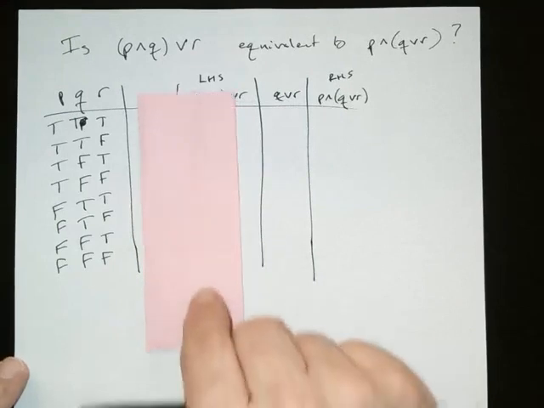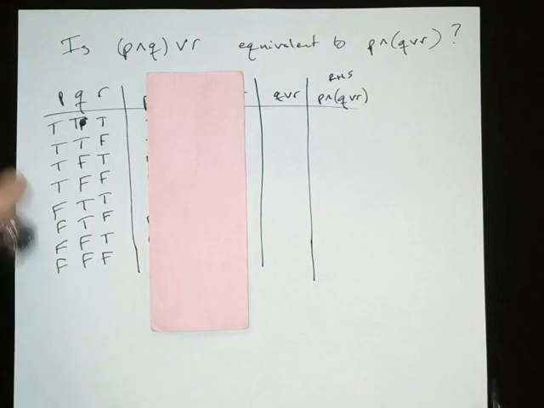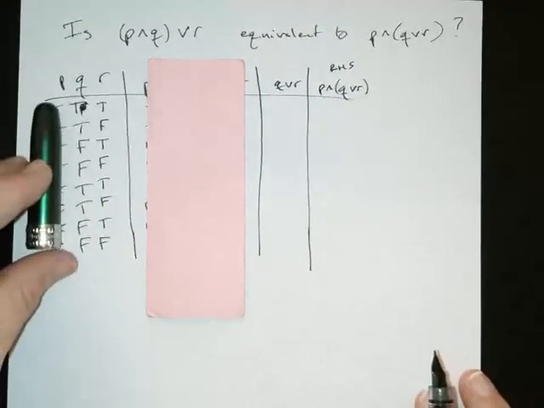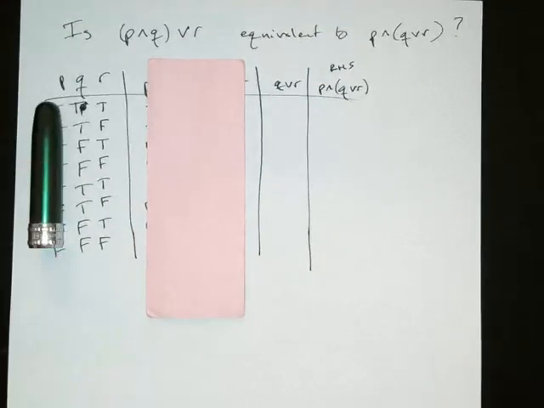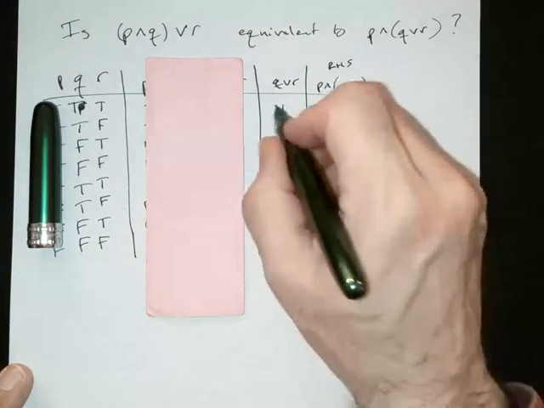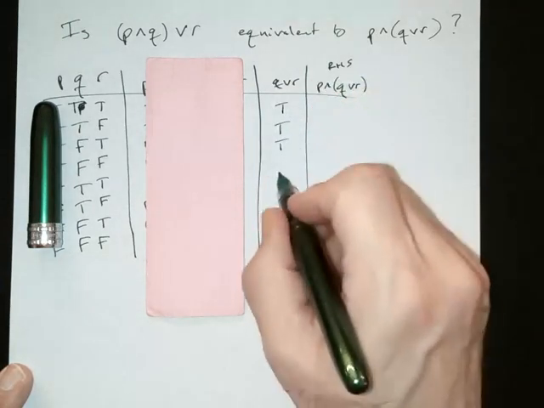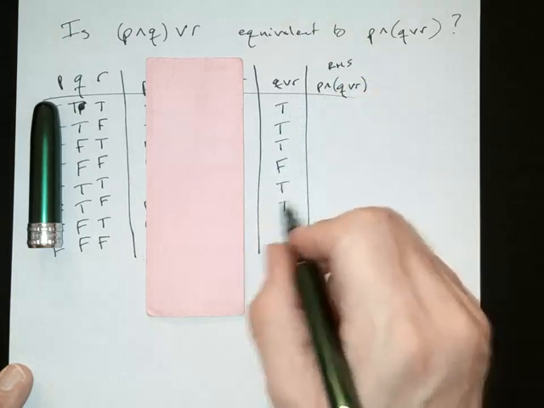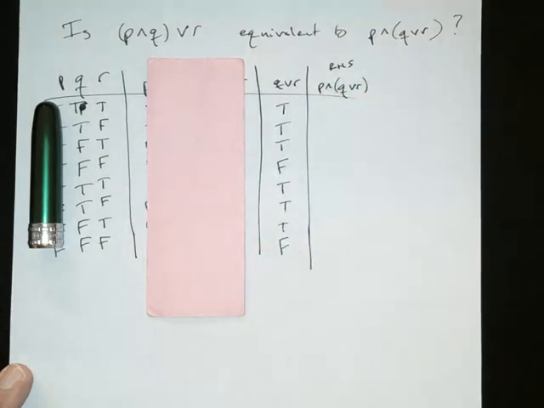They're not part of the game at the moment. I'm doing Q or R. Only two columns are active, the Q column and the R column. True, true, true, false. True, true, true, false. Because an or is only false if both of them are false.